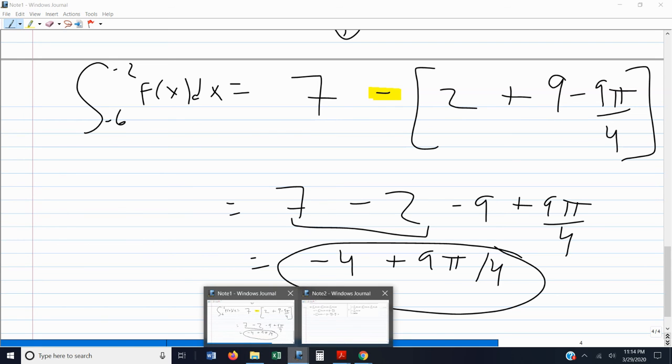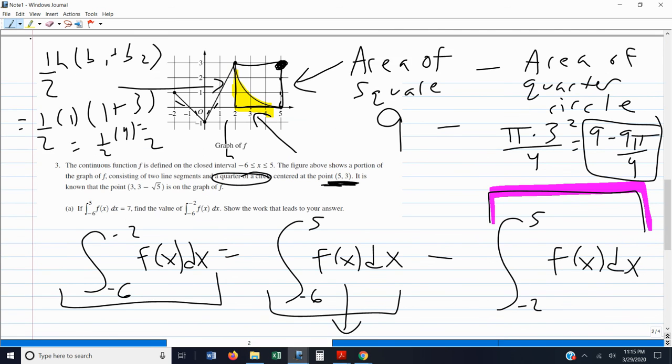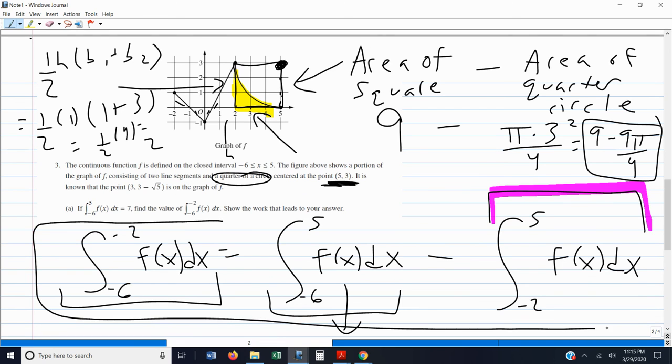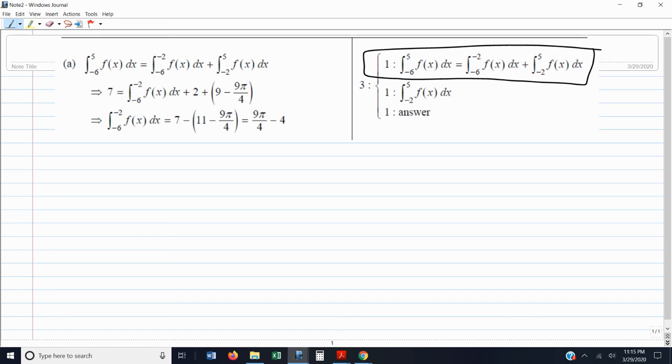So we're going to jump over to this rubric real fast and call it a day really soon. They gave you a point for figuring out how to get that area. So that would be the very first thing we did, writing the statement and using those integral properties. So that was your first point. They wrote it in a little bit of a different way, but that's fine.